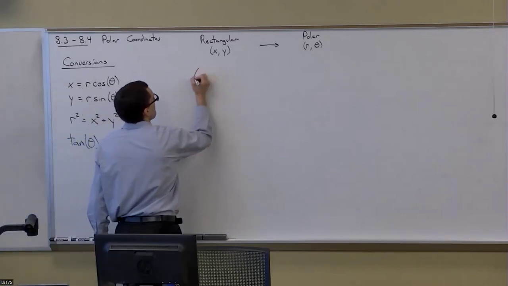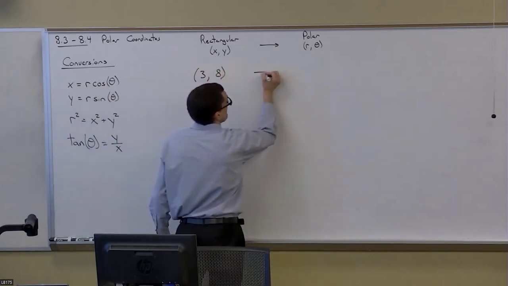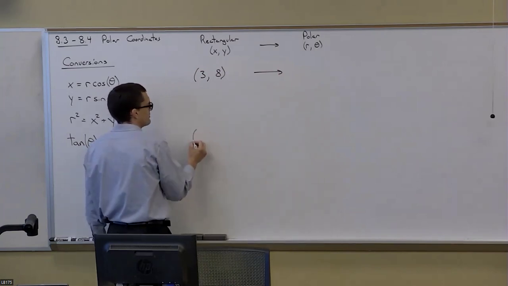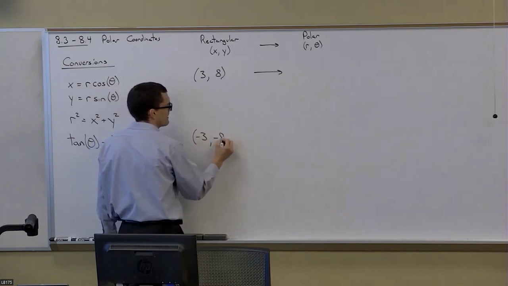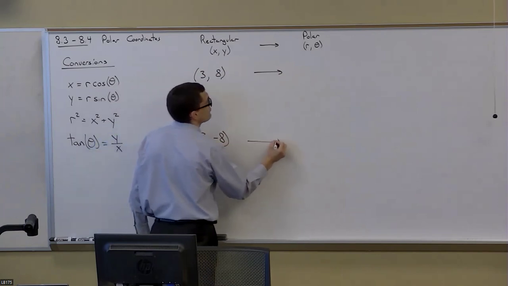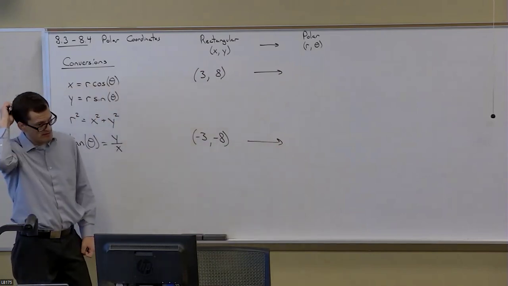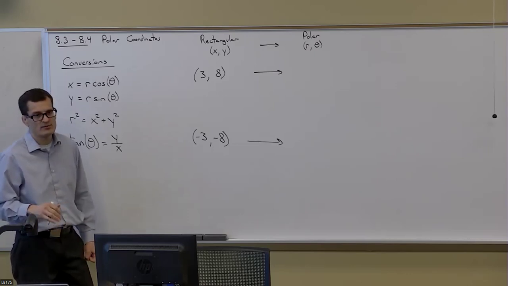So if you have the rectangular point 3, 8, how do I get the corresponding polar point? And then let's do -3, -8. And let's try to find the corresponding polar point. Okay. We did this last time, so I'll kind of go through it pretty quickly.